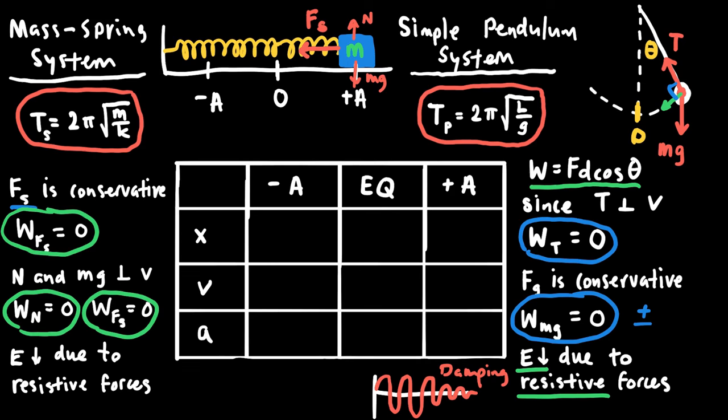It should oscillate back and forth forever. However, we do know, just like for the pendulum system, that the amount of energy goes down, and this is because of resistive forces, right? Maybe there's some friction between the coils of the spring as it stretches and compresses, or maybe due to the rapid motion of it going back and forth, there's some energy losses there, or maybe due to the air resistance of the box. Anyway, we should observe some damping just like we observe for the pendulum.